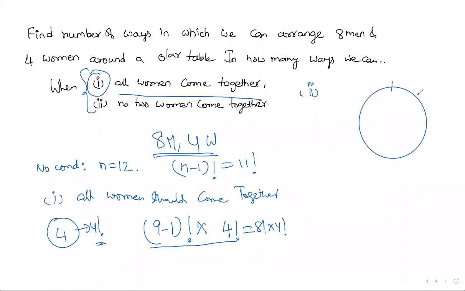Suppose all the men are seated here like this: 1, 2, 3, 4, 5, 6, 7, 8. So these are all men. Okay, there are 8 men. Suppose there are vacant chairs in between. So these are all vacant chairs.